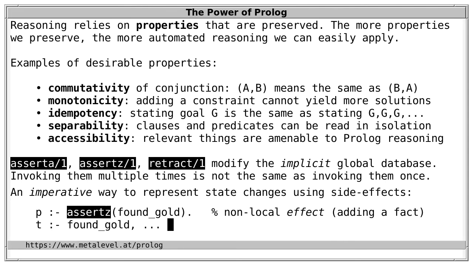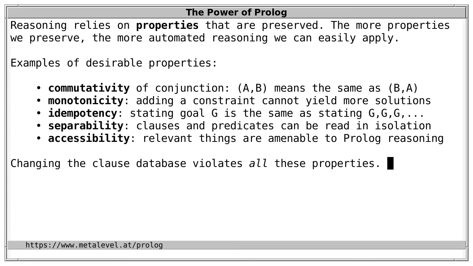And when we reason about this fact in other predicates, then their meaning implicitly depends on the predicate P, even though P doesn't appear in the clause body. So if we destructively change the clause database, then we can no longer reason about predicates in isolation. And this significantly complicates testing, for example. So changing the clause database at runtime violates all these properties, and we therefore always try to avoid it.